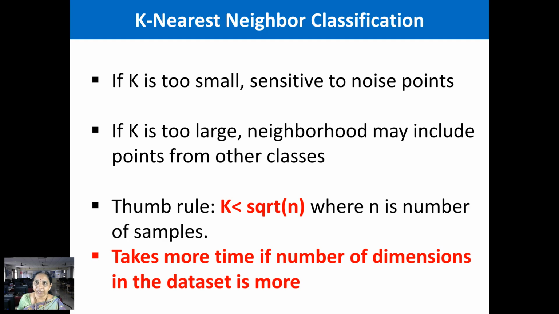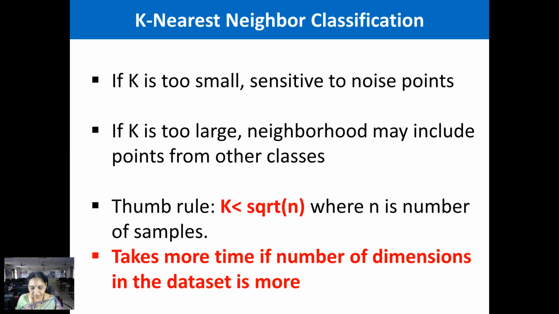So if we take a very small k value, our output will be sensitive to noise points. And if k is too large, our neighborhood may include points from other classes also. The general rule is that k should be less than the square root of n, where n is the number of samples, that is the number of records in our data set.